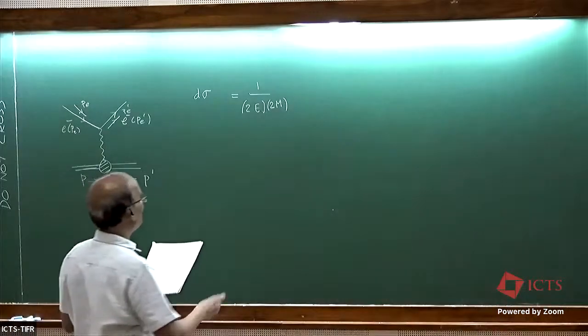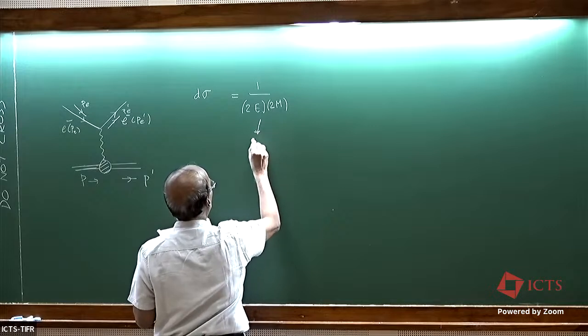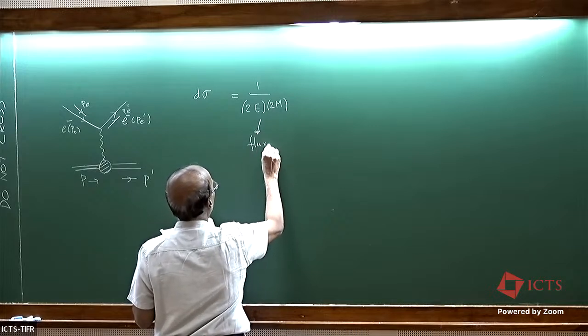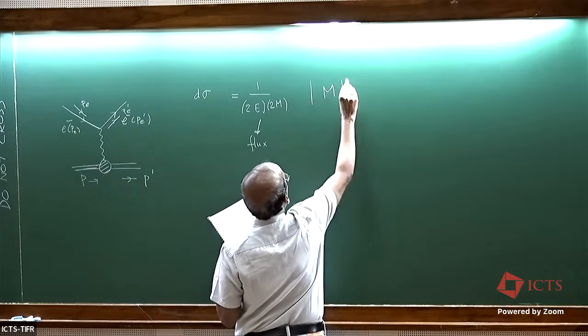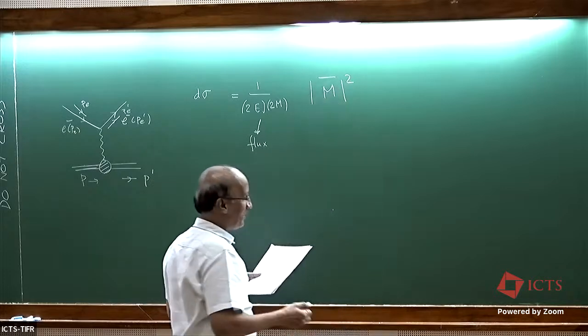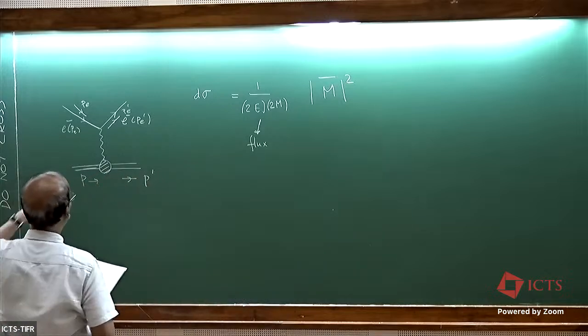So this part is called the flux. For those who are not familiar, it's just writing it down explicitly. And this is the matrix element squared, the amplitude for the process.